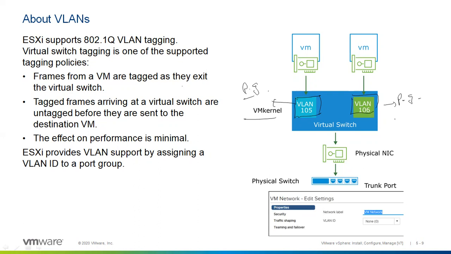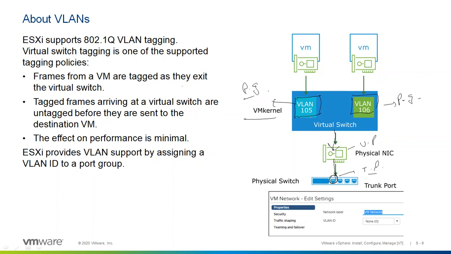This is a very simple example. It is my physical NIC, my virtual switch is mapped to my physical NIC. This is my uplink port. Wherever I am dropping this physical link to my physical switch, that port is called a trunk port, which I told you in the very beginning.